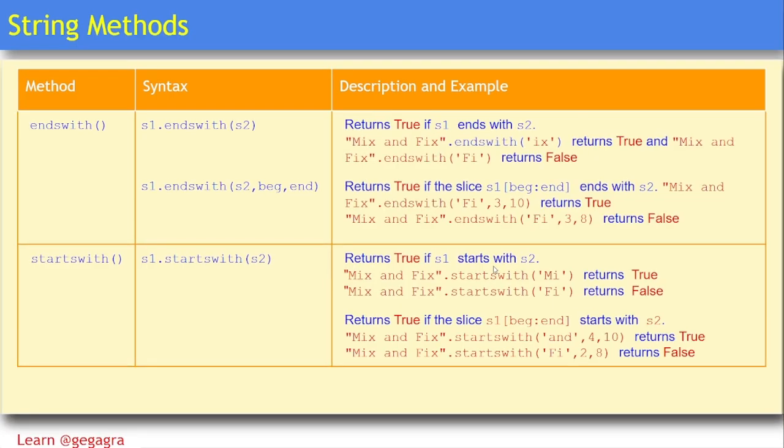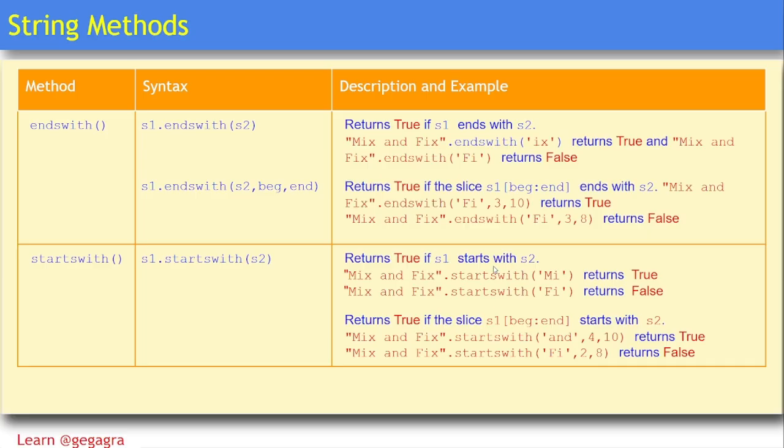So when we say endswith "ix", it will return true. When we say "mix and fix" endswith "fi", it does not end with fi. Fix could be the substring, but the last part is not fi, so it will return false.